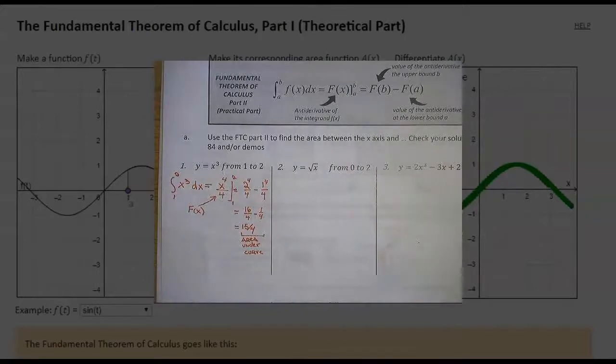All right, now do that on your calculator. Open it up and let's do it. You guys got your calculators handy?